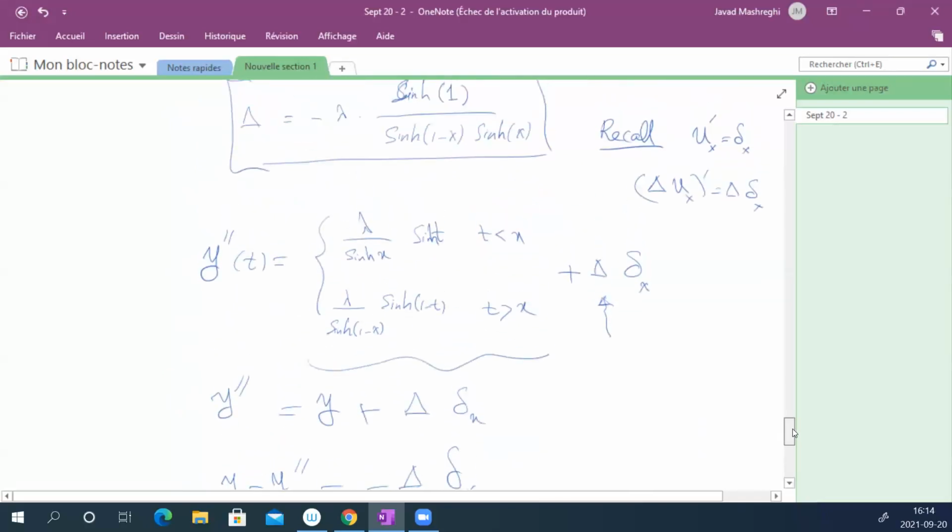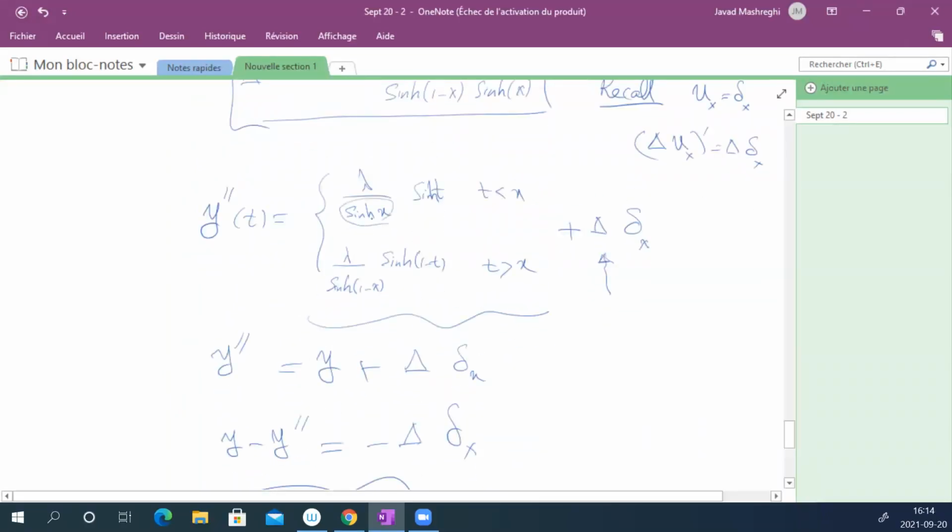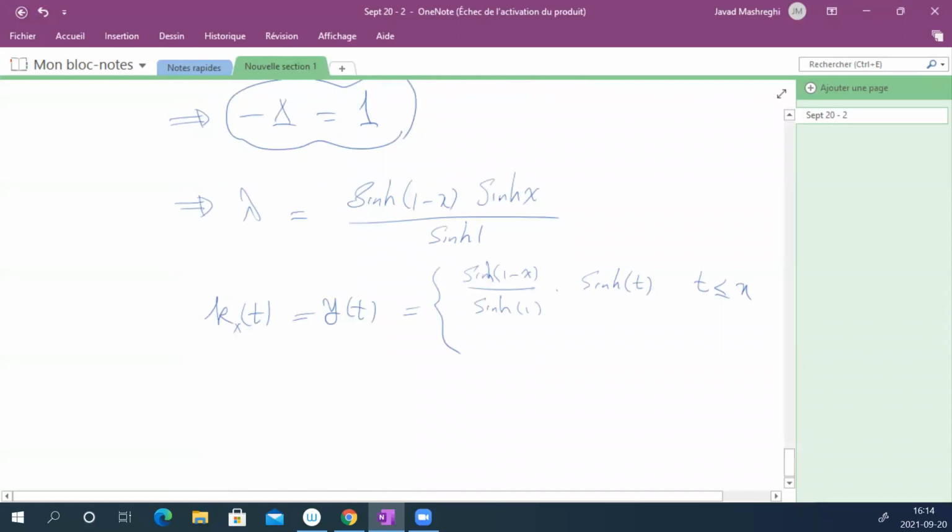Note that there was sine hyperbolic x in the denominator, which simplifies. The same for the other one, where the one with 1 minus x simplifies. And here we have sine hyperbolic 1 minus t for t bigger than or equal to x.